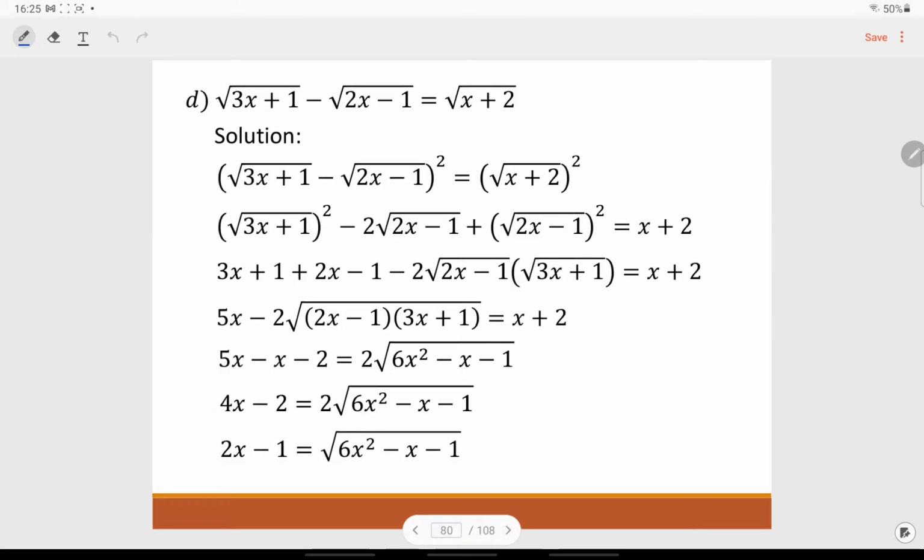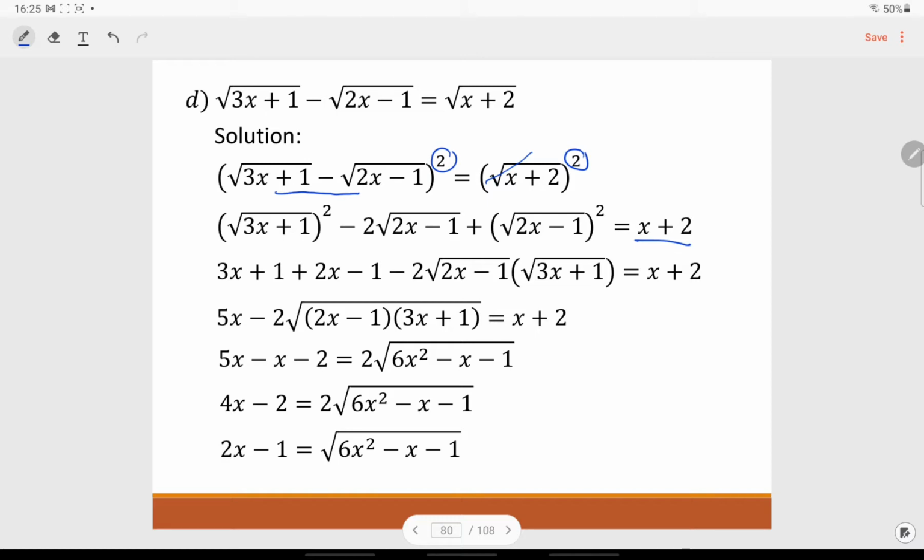Okay, we have another question here. We can use almost the same strategy. We put square at both sides, because we have radicals at both sides. For the left hand side we need to expand, and for the right hand side we can simply cancel out, and the remaining value is just the radicand.